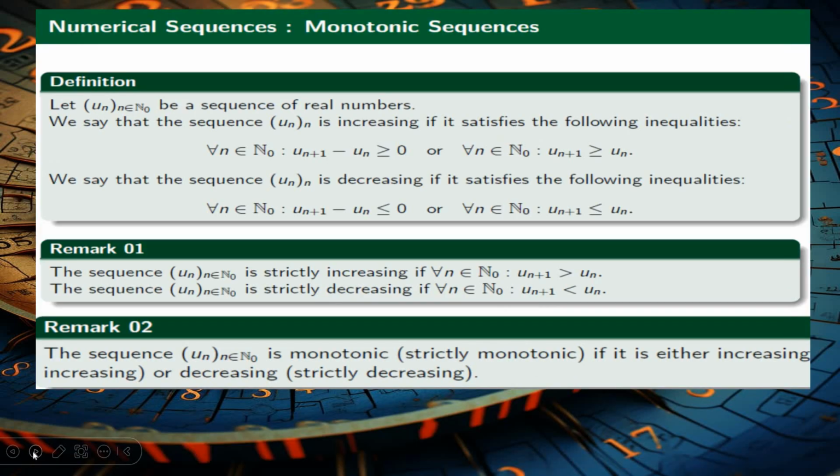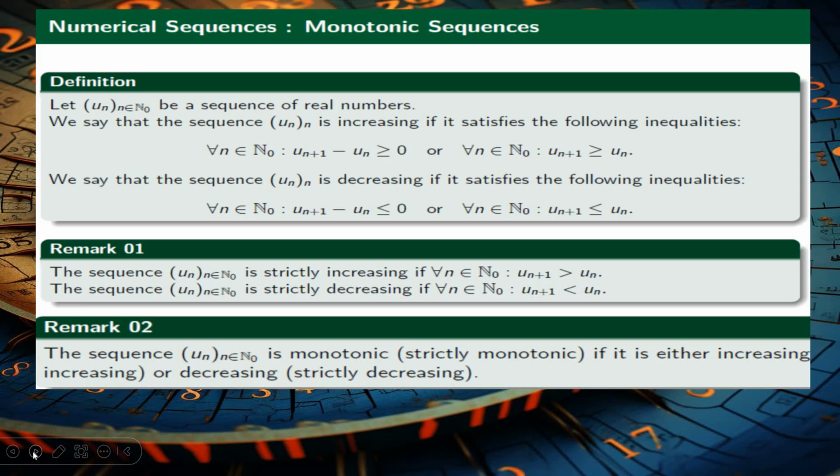The next concept we will explore is that of a monotonic sequence. So we say that the sequence un is increasing if for all natural numbers n the term with the index n plus 1 is greater than or equal to the term with the index n.